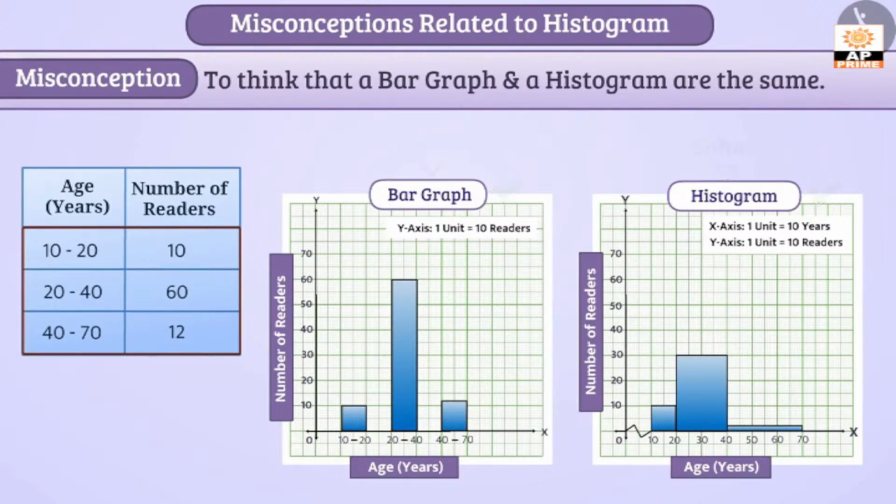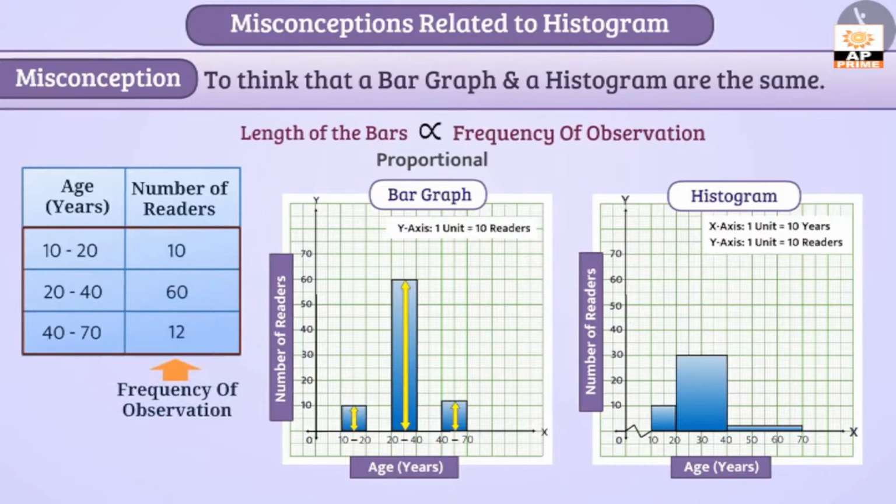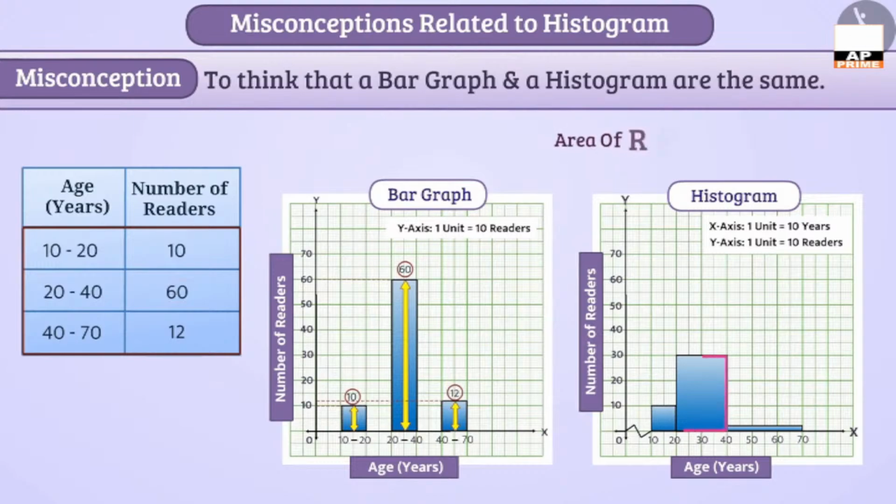For example, in a bar graph, the length of bars is proportional to the frequency of observation. That is, the frequency of observations is represented as the length of bars, whereas the area of rectangles in the histogram is proportional to the frequency of the class intervals.